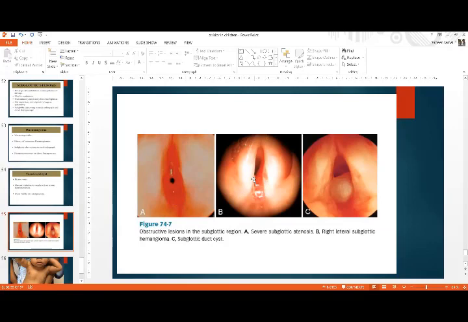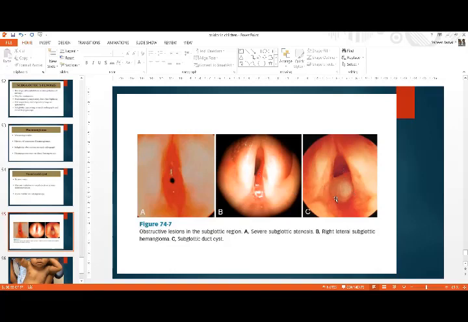Then the second picture shows a subglottic image on the right side. As you can very well appreciate, there is a highly vascular swelling, and as a result, there is narrowing of the airway. Further, there will be resistance and stridor.